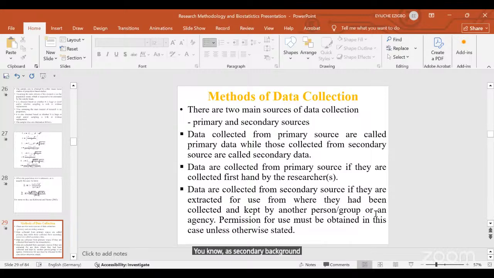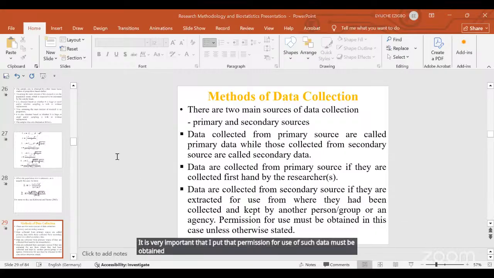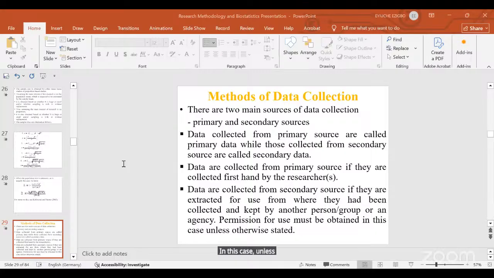And when we are to use secondary data for our research, it is very important that permission for use of such data must be obtained in this case, unless otherwise stated. How do I mean? There are certain agencies that come up with data sets that are very restricted, so for you to use their data, you need to seek their permission.